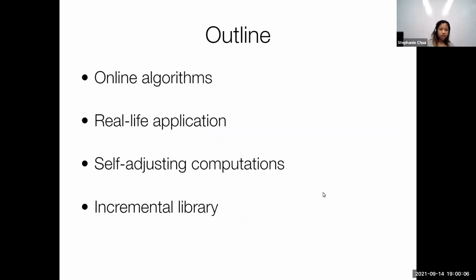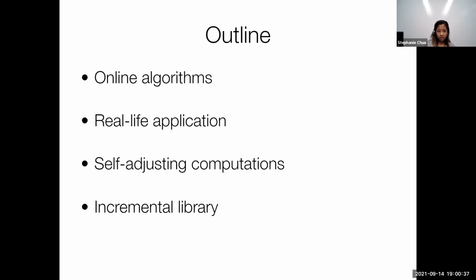And this is where the Incremental library comes in, and this is also where the title of this talk comes in. The reason this talk is called Online Algorithms Made Easy is because we came up with Incremental as a library that can make all your programs self-adjust.